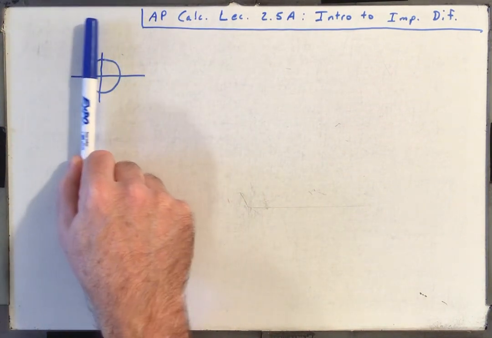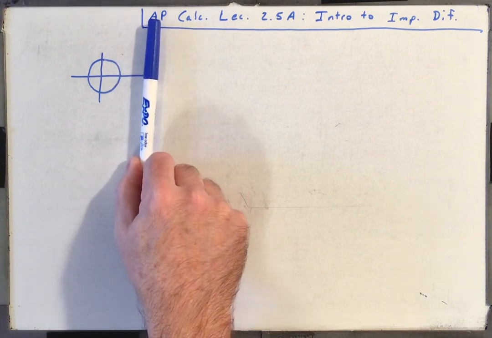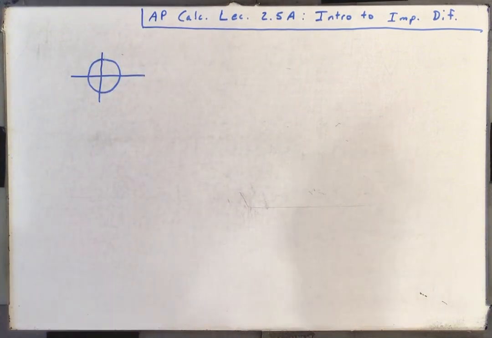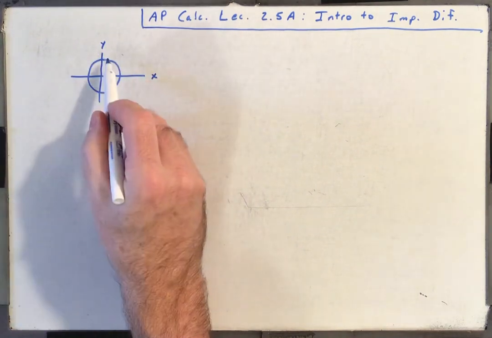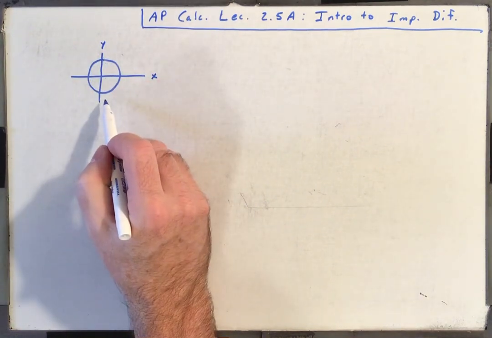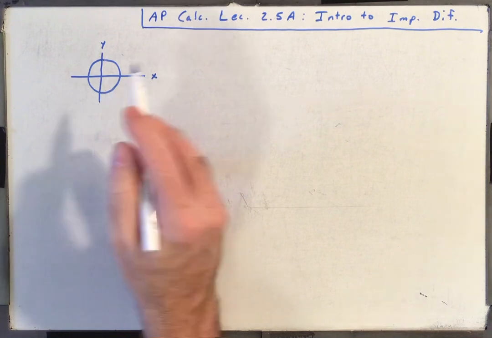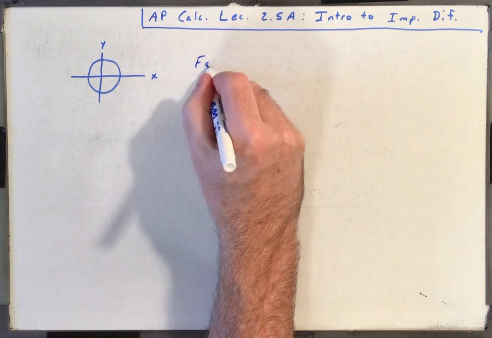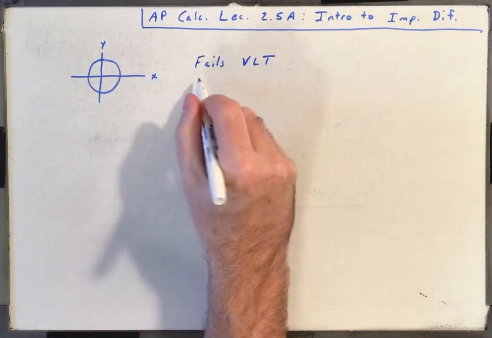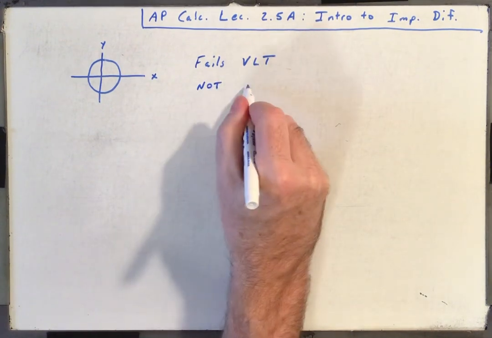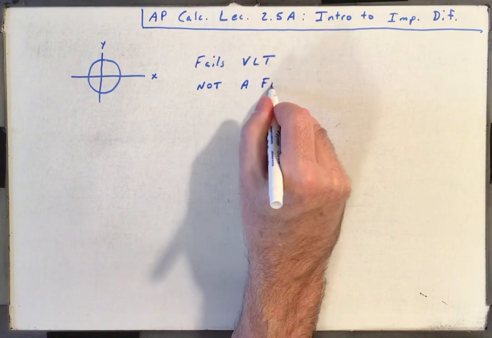If you take a vertical line and go from left to right, it pierces that curve in two places. So a circle is not a function. It fails the vertical line test.